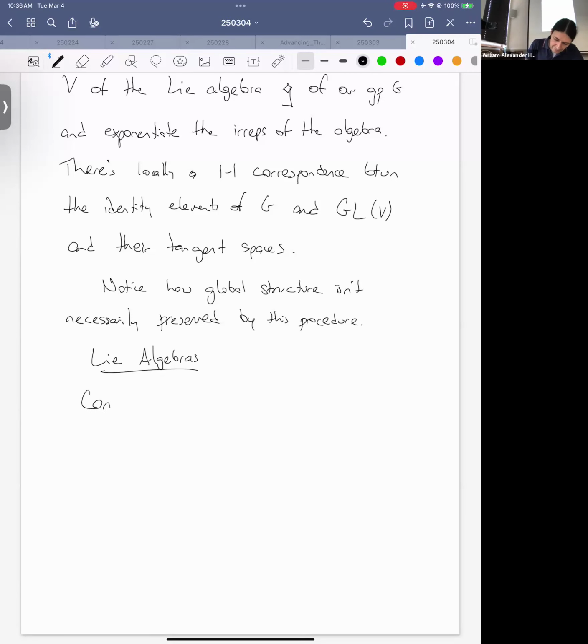So consider a connected Lie group. Since it's connected and it's a group, it must have the identity element, and every element in the group can be continuously taken to the identity.